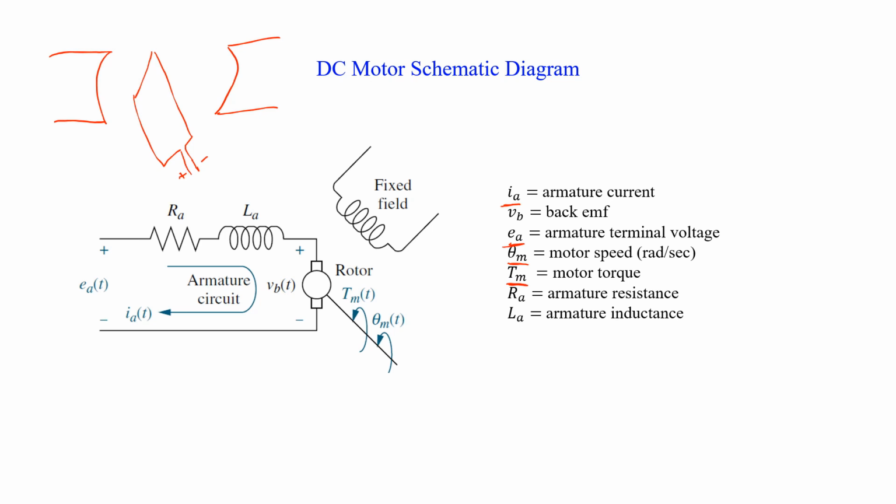Whenever a coil rotates in a magnetic field, then according to Faraday's law, there will be some voltage produced in the coil, which is called the back EMF, Vb. Apart from them, we have Ra, the armature resistance, and La, the armature inductance.